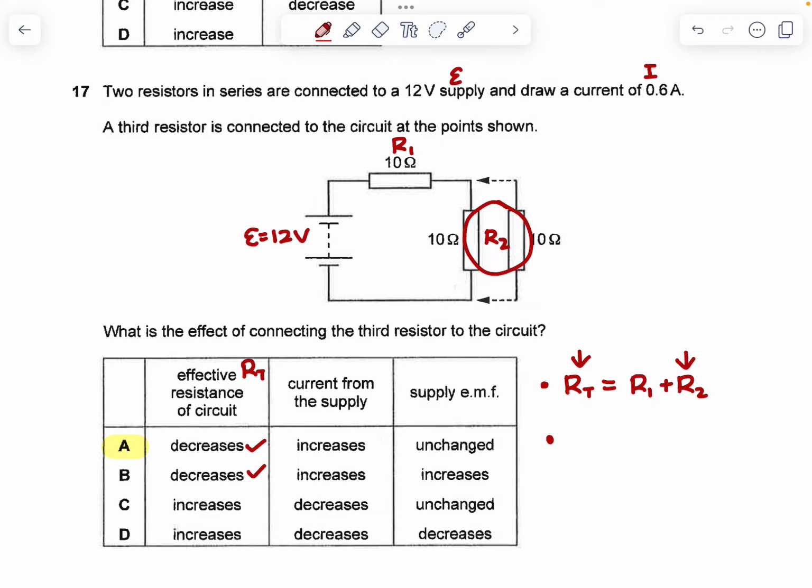Next, using the formula, Ohm's law, R equals to V over I, we can rewrite I is equals to V over R. And in this case, your V is your EMF of 12 volts, which is fixed. And your R is your RT, the total effective resistance in the circuit.